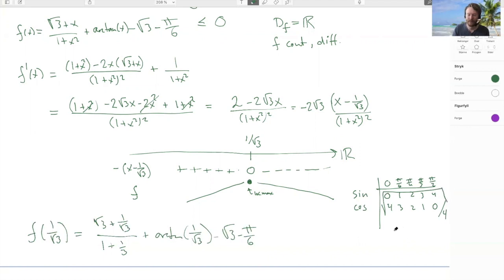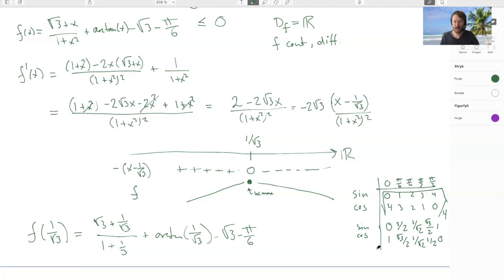Then I'm good. So let's clean this up into new rows. 0 divided by 4, square root, is 0. 1 divided by 4, square root, is a half. And now finally for the tangent, we'll have 0, 1 divided by square root of 3, square root of 3, and infinity, you could say.